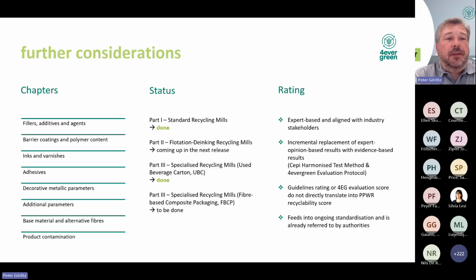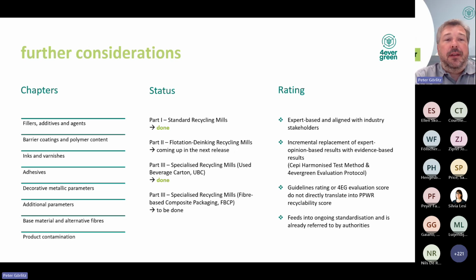The chapters with the design guidelines are various. You can see on the left-hand side that we talk about additives, coatings, inks, adhesives, and other parameters, and all of them have design guidelines.